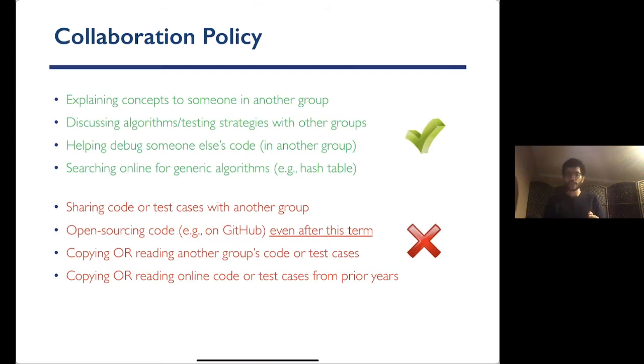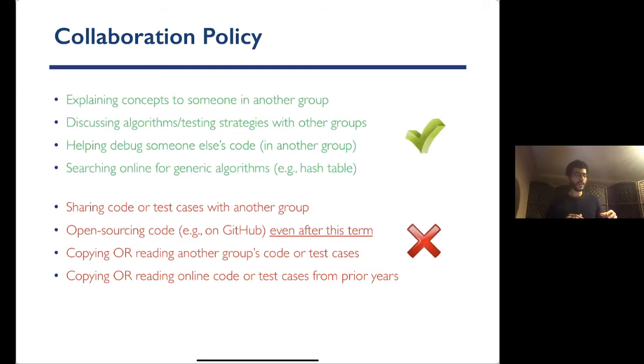And you can search online for generic algorithms, like how to implement a hash table, for example. However, you cannot share code with anyone, or your test cases. You cannot host your code on GitHub publicly. Even after we're done with this term, you should not publish your code. You cannot copy or read somebody else's code for the purpose of getting ideas, or copy or read somebody else's code from previous years.